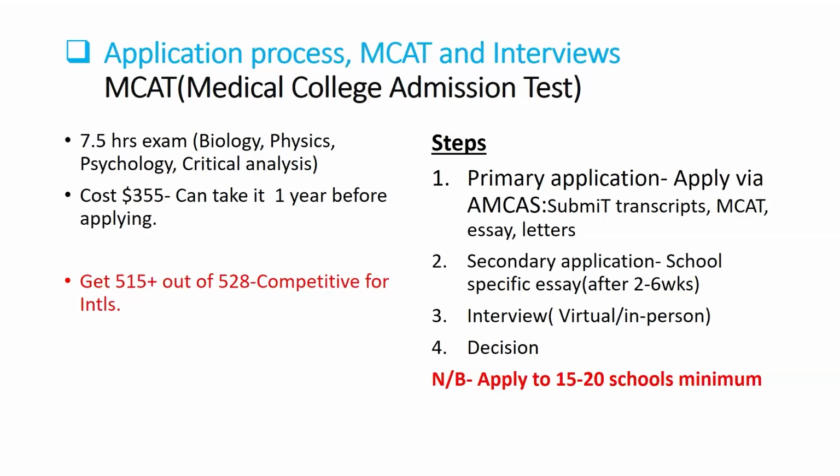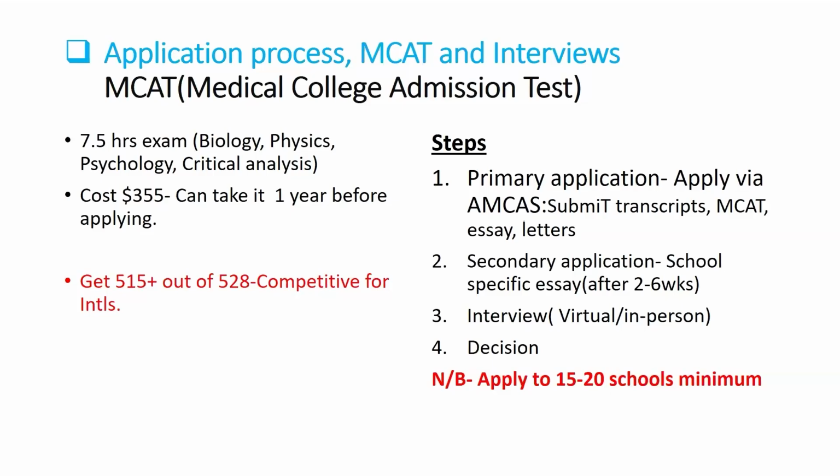So it's a website. In that primary application process, what do you need to do? You submit your transcripts, your MCAT score, some essays, and letters of recommendation. Okay? After you've done that, you're going to wait for a period of 2 to 6 weeks.